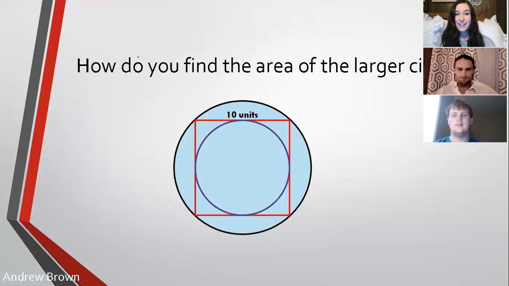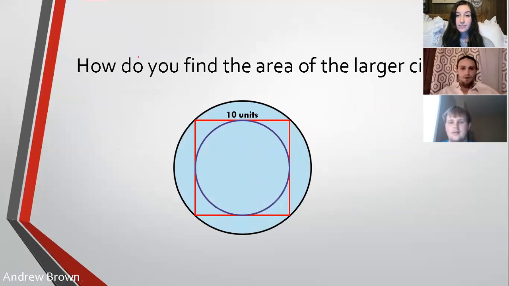All right. Okay, Andrew, so using the same diagram, how do you find the area of the larger circle? Okay, yeah, good question. I'm really glad you asked. So on the previous slide, we learned that the area of a circle formula is pi r squared. Well, that same formula applies to the larger circle too.